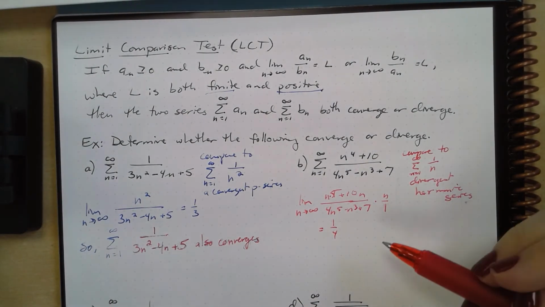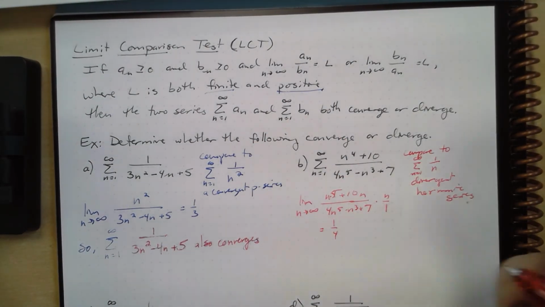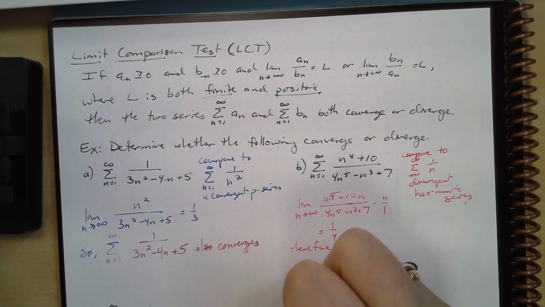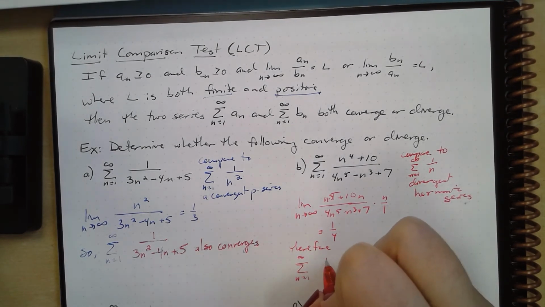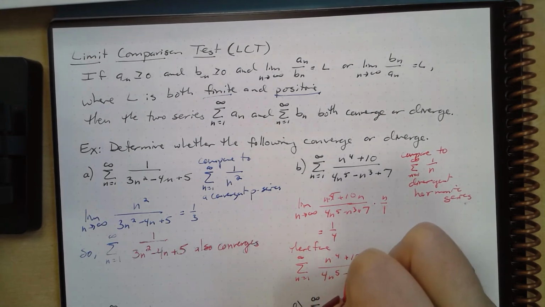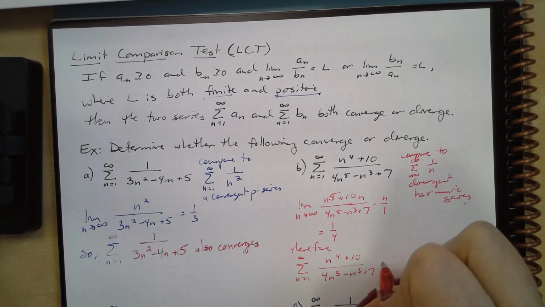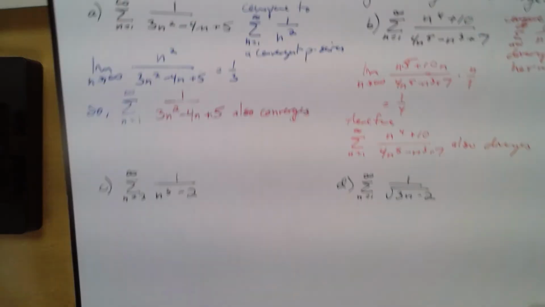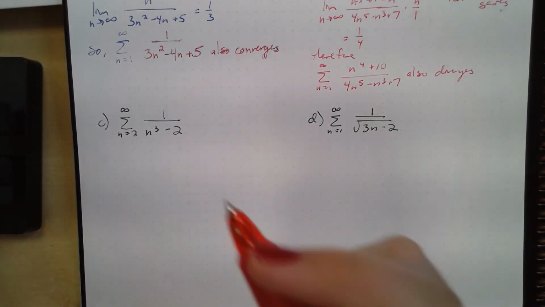Is that finite? Yes. Is it positive? Yes. Therefore, this sum from n equals 1 to infinity of n to the 4th plus 10 over 4n to the 5th minus n cubed plus 7 also diverges. Okay, two more examples and we're free to go.